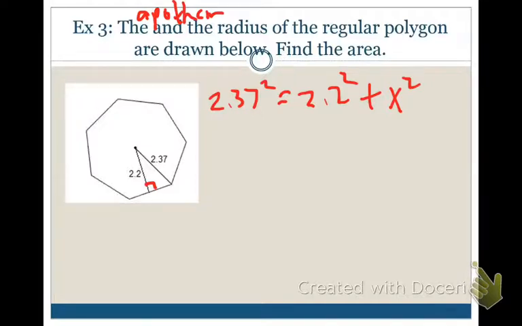What's 2.37 squared? 5.62. 5.62 equals, what's 2.2 squared? 4.84, plus x squared. So then we subtract: what's 5.62 minus 4.84? 0.78.